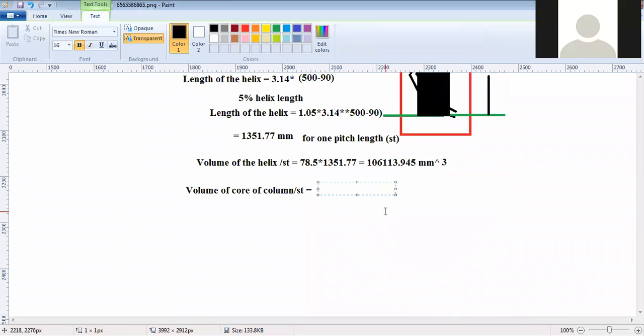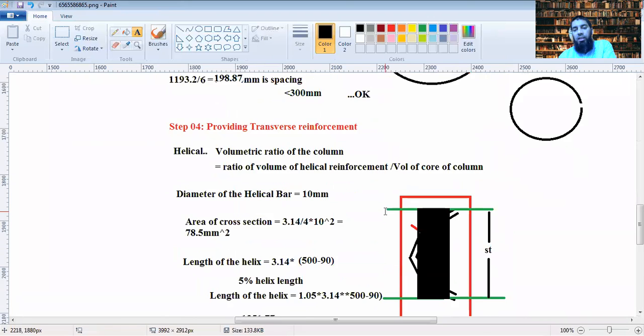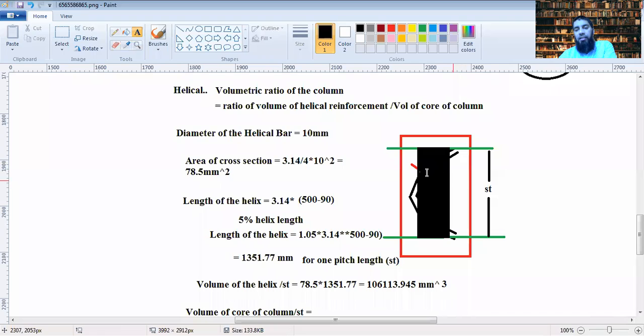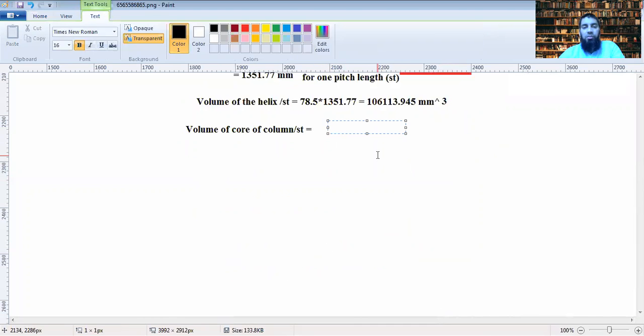That is a small amount as compared to the rest. So the volume would now be this area within this red line into the length, that is St.